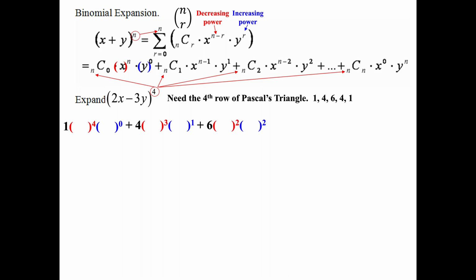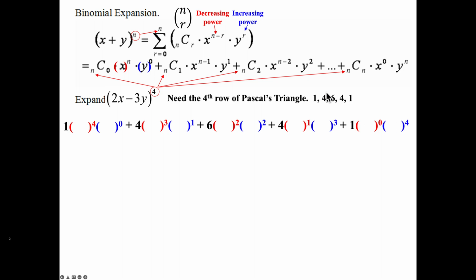Then plus 6, red parentheses to the 2nd, blue to the 2nd. First term decreasing, second term increasing. Plus 4, first term to the 1st, second term to the 3rd. Plus 1, first term to the 0, second term to the 4th.